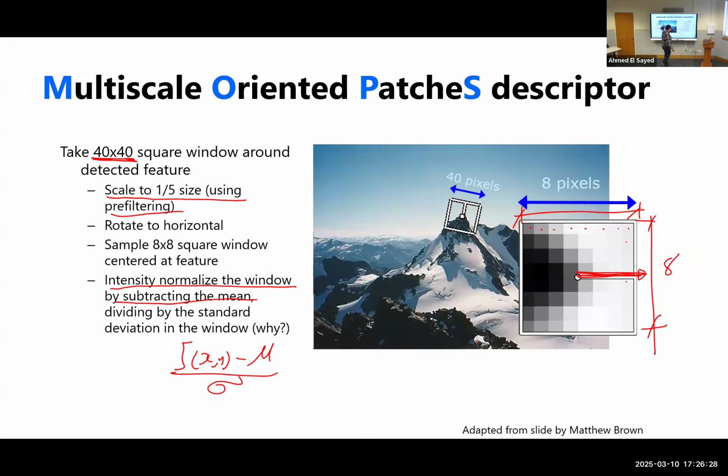After that, this will be my vector. So this vector, 64 by 1, will be my vector of features around this point. Now do this over all the points that you have.